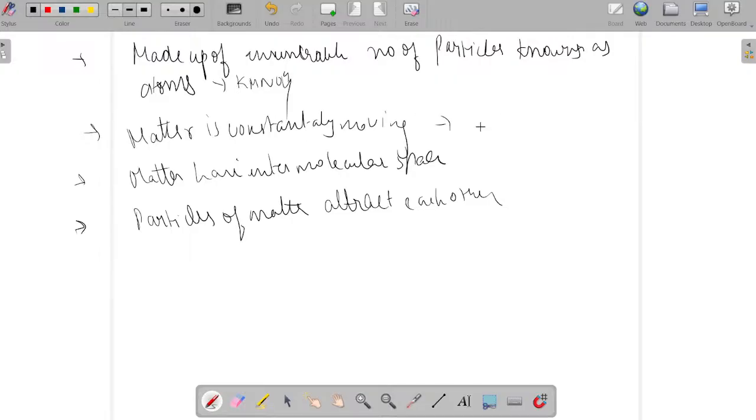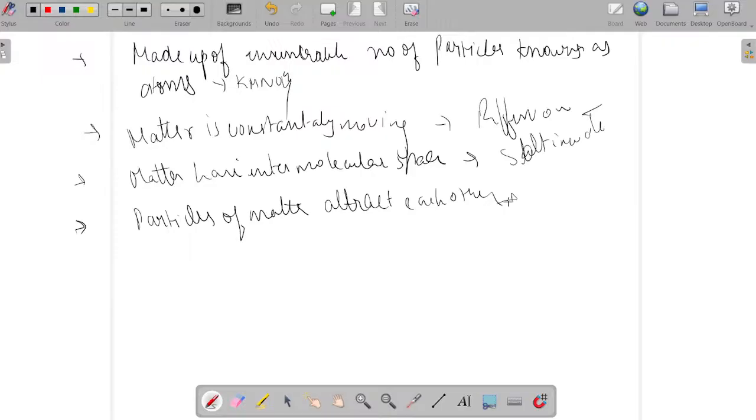Matter is constantly moving: diffusion. Matter has intermolecular space: salt in water. Matter particles attract each other; you can give an example on your own. So those are the characteristics.